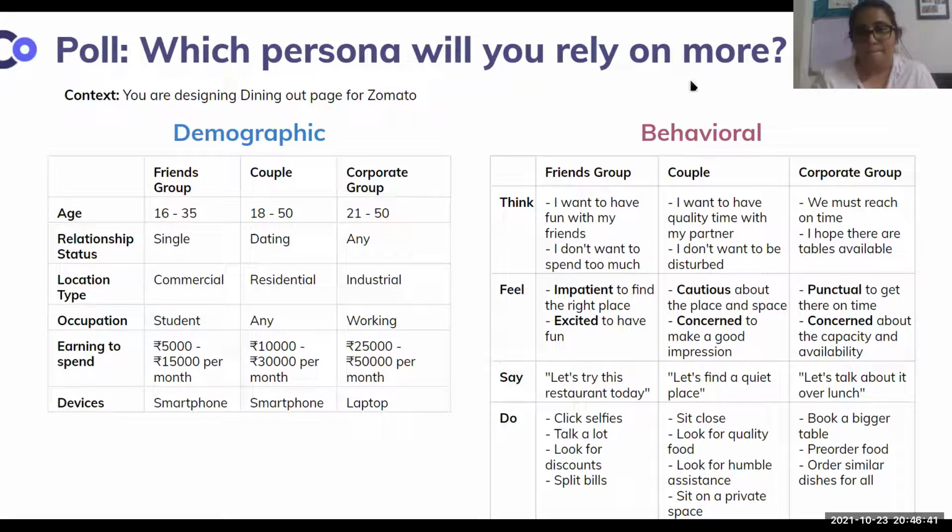So here's an interesting challenge. So Nirupama, you had a question, or were you just applauding us? No. I have a question, Prasad. See, I have voted for demographic only. If I am considering only behavioral, I don't know which group and which person's behavior that is.